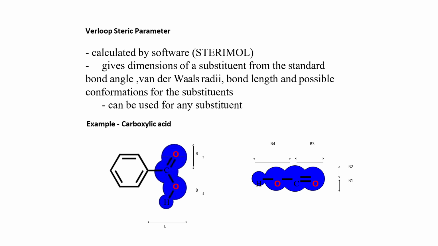This software-based work, Sterimol, gives the steric substituent values which can be measured by the Verloop steric parameters, and this can be used for any substituent. For example, the first example is carboxylic acid, and how we can measure the carboxylic acid's steric properties.